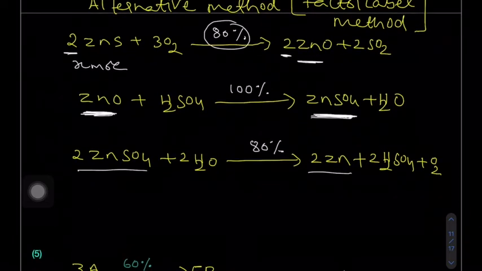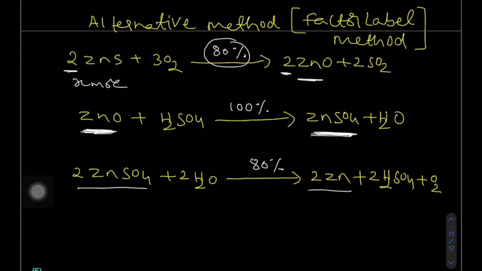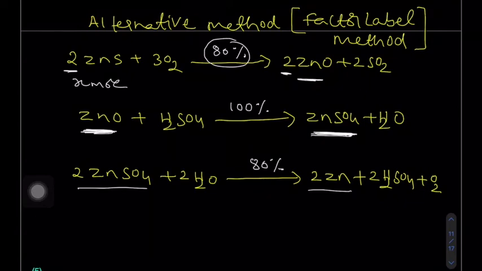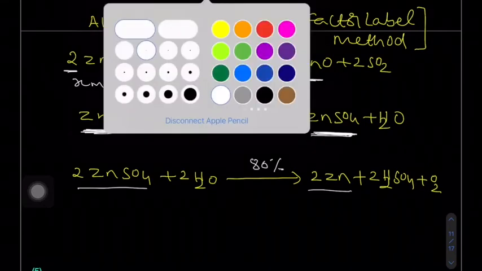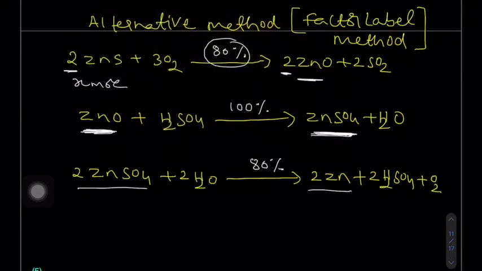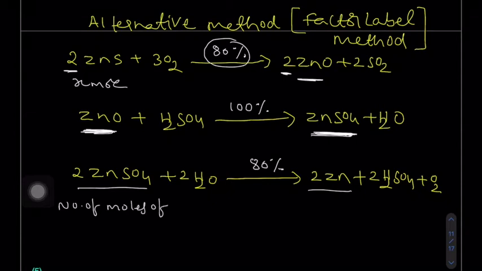Now what am I writing here? Number of moles of zinc is equal to... Number of moles of zinc will be obtained from the number of moles of ZnSO4.